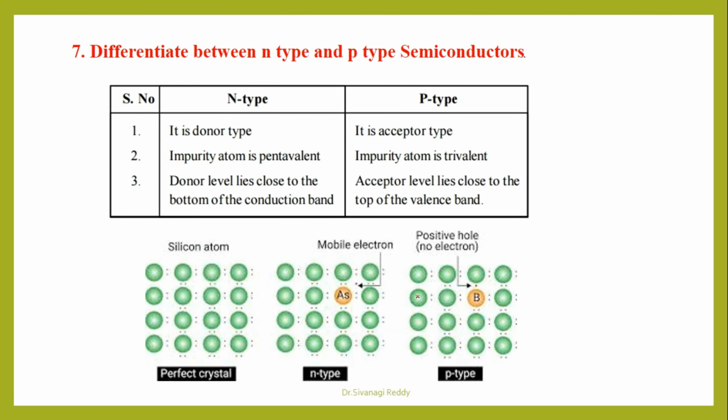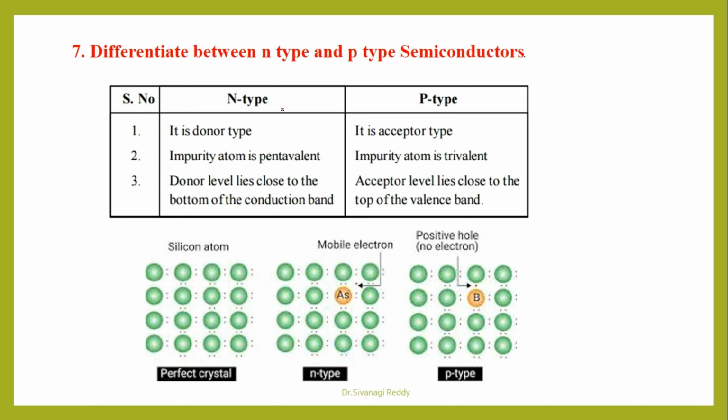Then we will go for the difference between N-type and P-type semiconductors. An N-type semiconductor is a donor type, and a P-type semiconductor is an acceptor type. If we take a pure semiconductor and dope it with a pentavalent impurity, we get N-type, which has an excess of electrons.